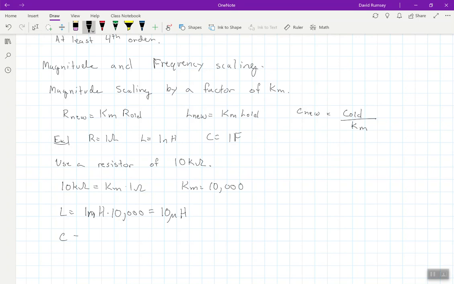And the new value of the capacitor would be 1 farad divided by 10,000, which would be 100 microfarads. And so we're able to scale things based off of that.